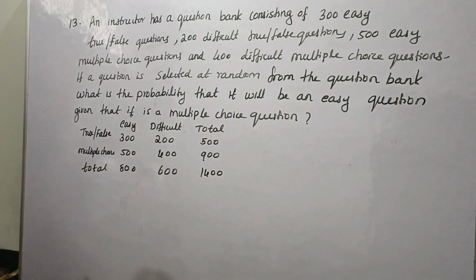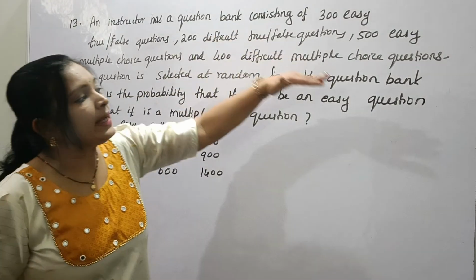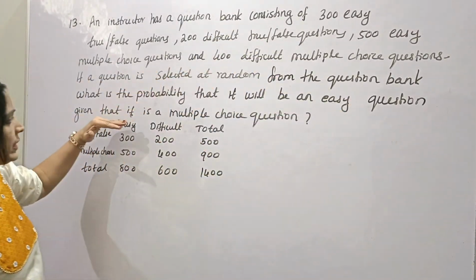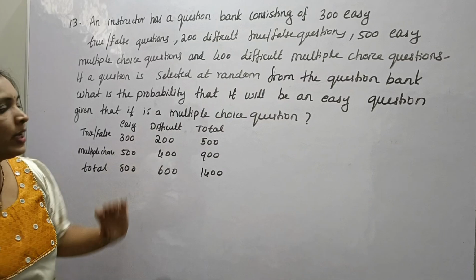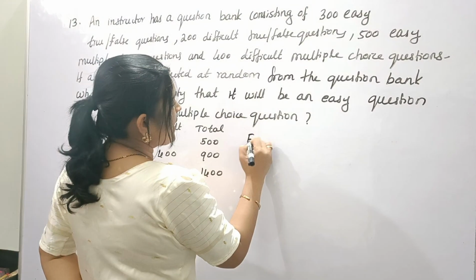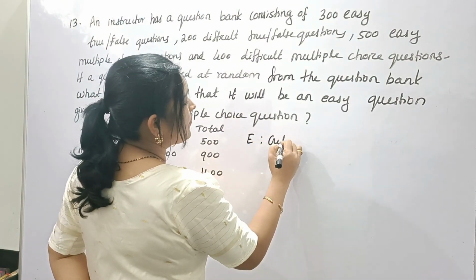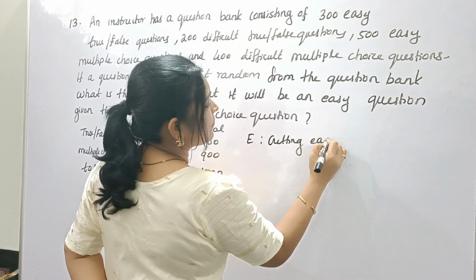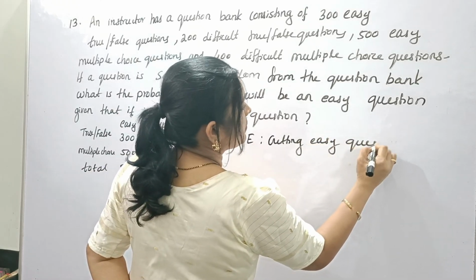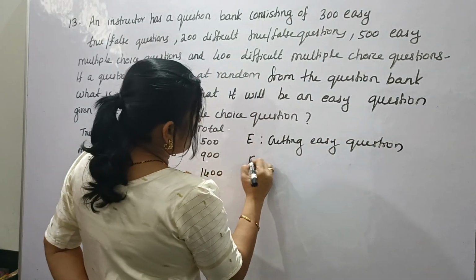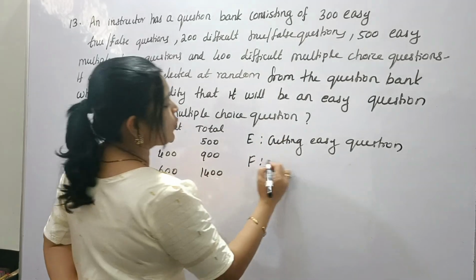Now here we have to find the conditional probability of getting an easy question given that it is a multiple choice question. So let's take E to be the event of getting an easy question, and F to be the event of getting a multiple choice question.